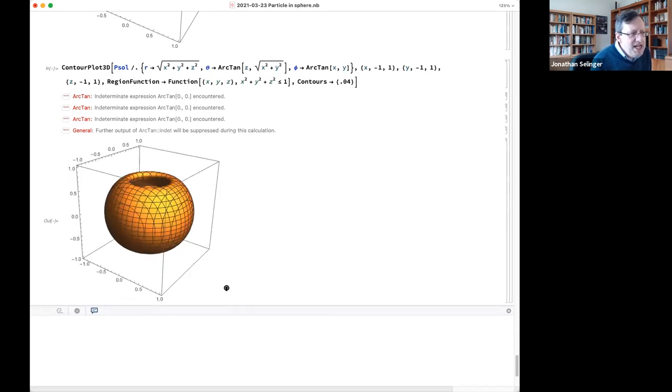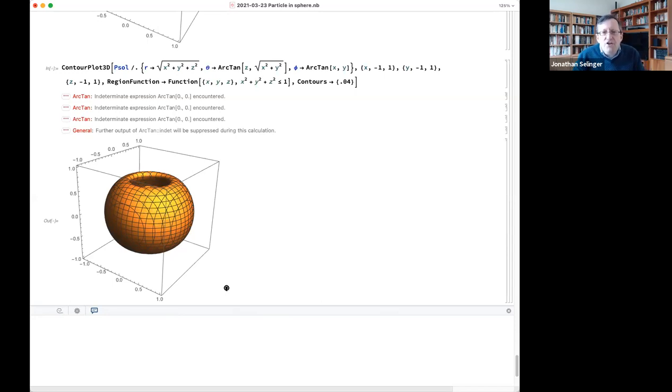Now, have any of you, by any chance, seen plots like this, either in a modern physics class or maybe in a chemistry class? Where have you seen plots like this before, anybody? Orbitals, yes. So this is the beginning of the idea of an orbital.